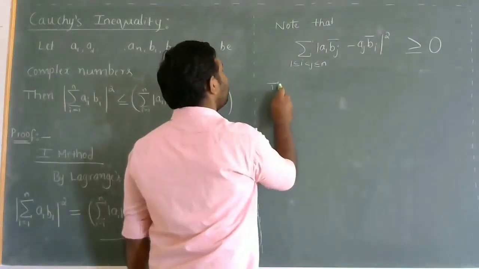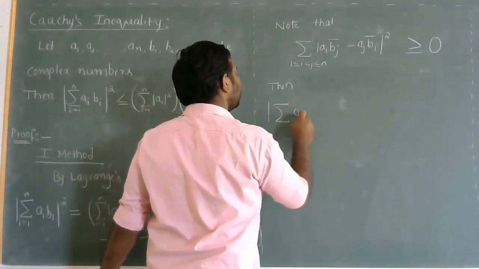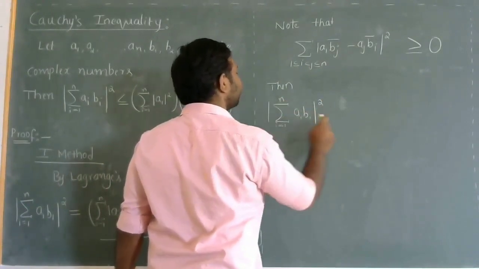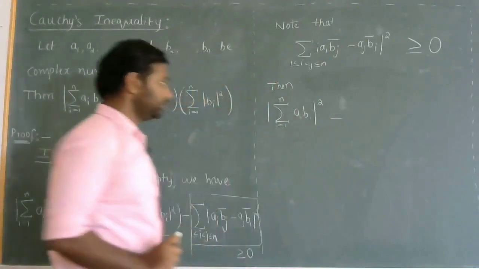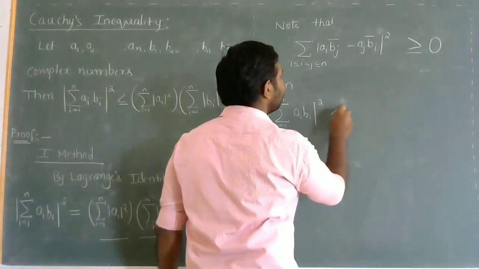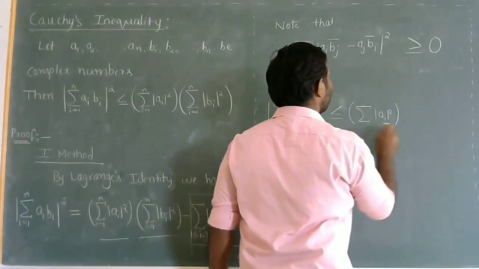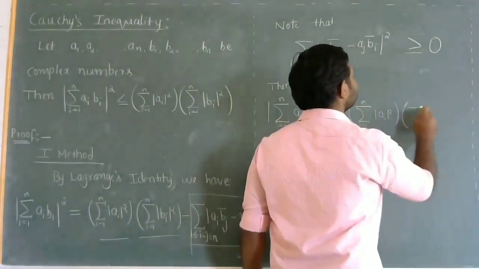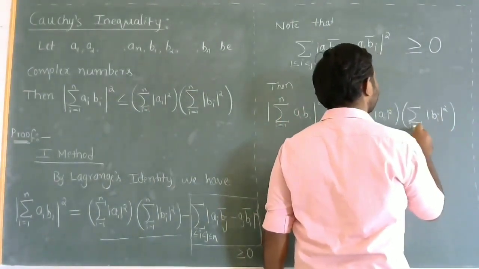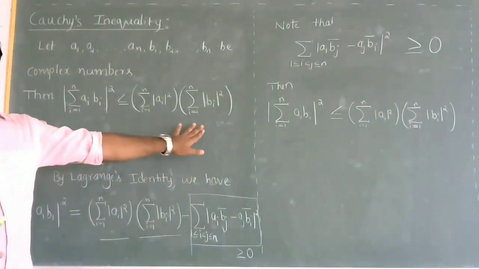So the left hand side, summation ai bi modulus whole square, was actually equal to this difference, but this difference is less than or equal to the number summation modulus of ai whole square into summation modulus bi whole square, i running from 1 to n, which is nothing but the Cauchy's inequality.